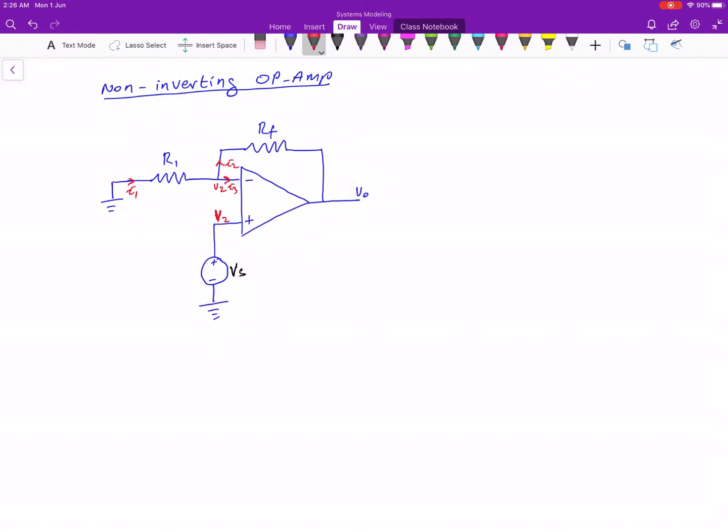From KCL, we know that I1 is equal to I2 plus I3. And also, we know that Vi is equal to V2, which is equal to V1. Since I3 is equal to 0, this implies that I1 is equal to I2.